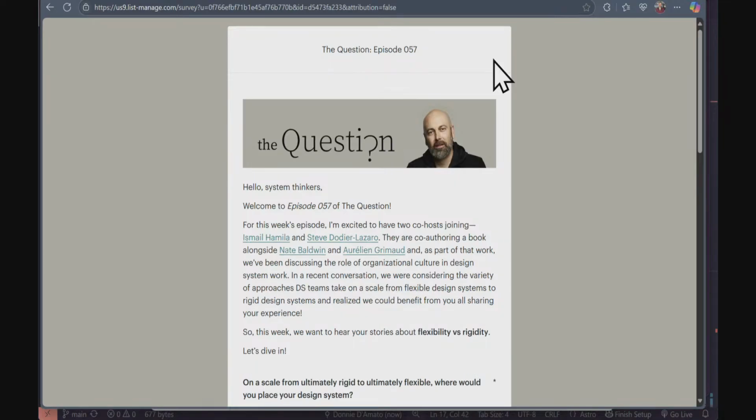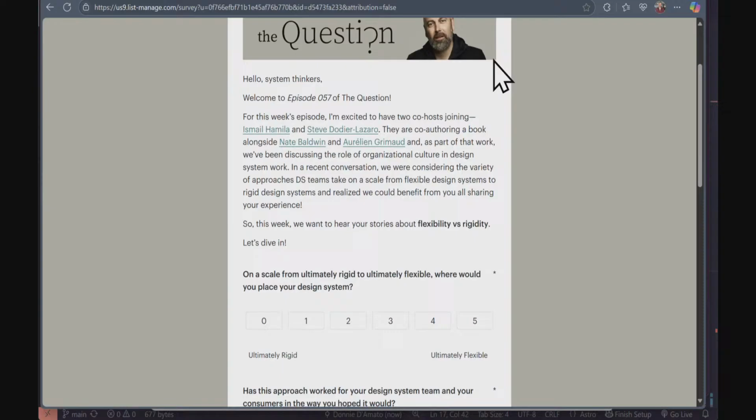More on that later. But anyway, the question is all about flexibility versus rigidity, right? And this is a really good topic in design systems because when we talk about flexibility and rigidity, from a systems perspective, you should expect some rigidity in there because this is meant to have a cohesive experience, right? Some regular meeting of expectations for users.